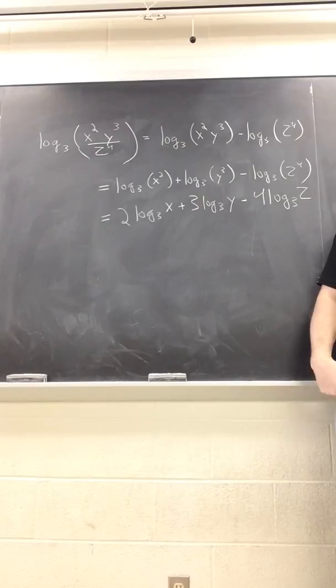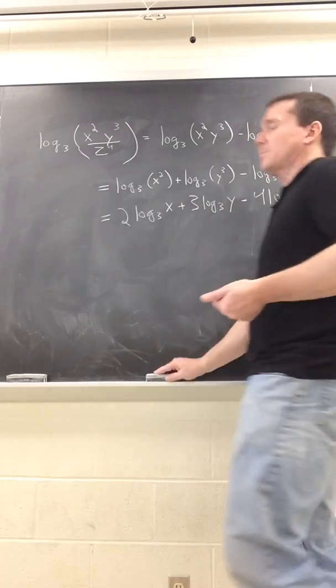Again, I stress, we're not solving problems here. We're just applying the properties to practice them, to make sure we understand them and how they work. You'll do some of this for homework just to get a feel for the properties, because once we start solving problems, we need to have these down by heart.